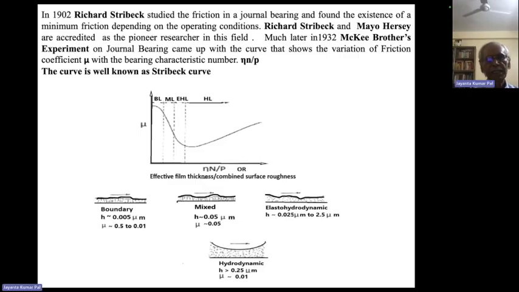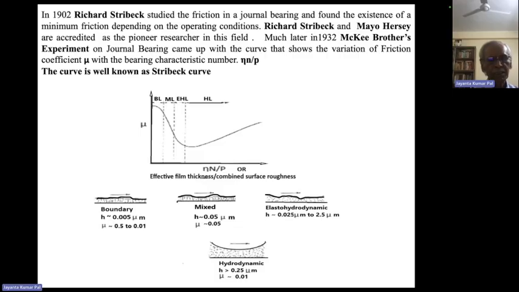But much later, in 1932, the McKee brothers experimented on journal bearings and came up with a curve, as shown below, that shows the variation of coefficient of friction mu with the bearing characteristics number eta N by p.